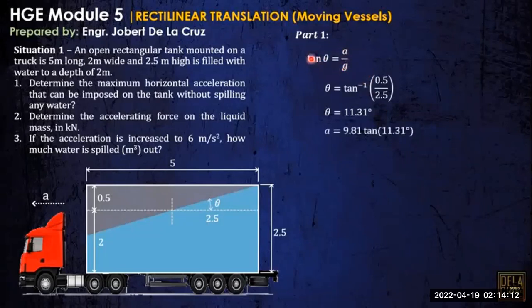Cross multiply our gravity here, then acceleration, maximum acceleration without spilling is equals to the gravity times tangent of theta, that one, or 1.96 meters per second squared. That is the answer, no? Or actually, you can just do the ratio and proportion here. This one is to that one is equals to a over g. The same lang yan. Okay?